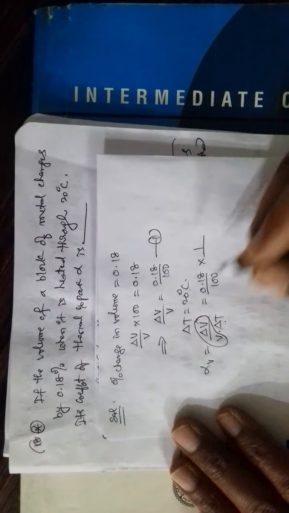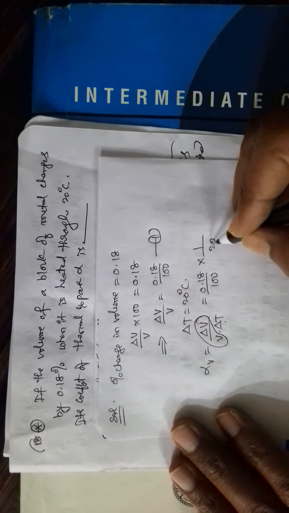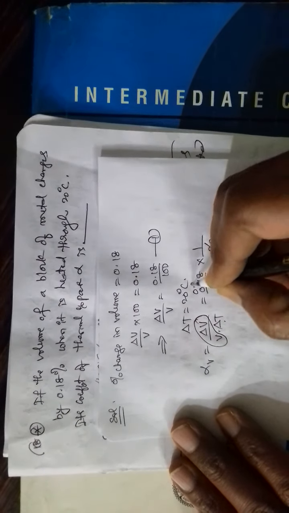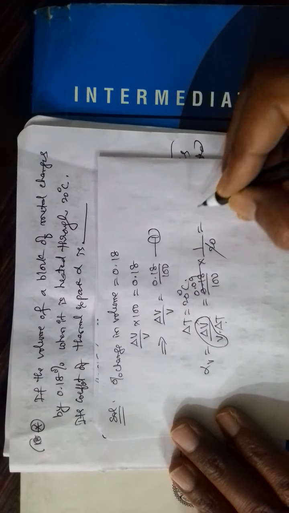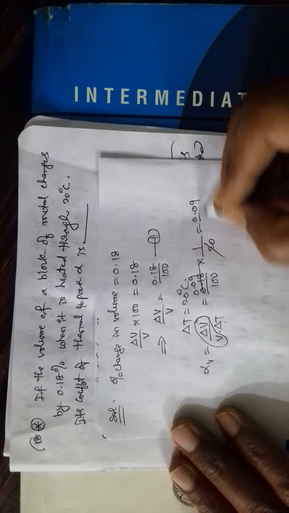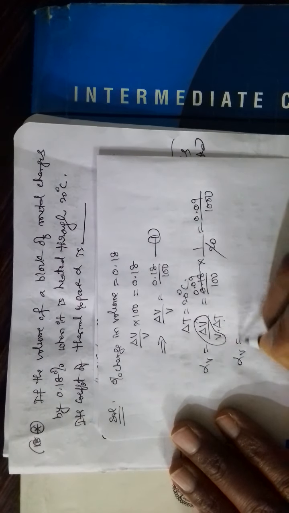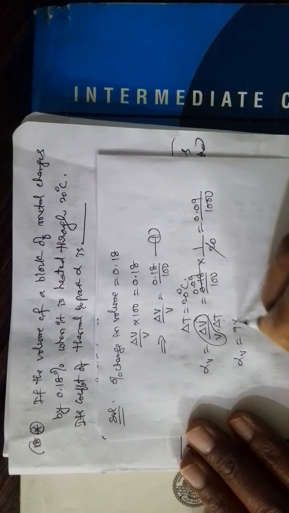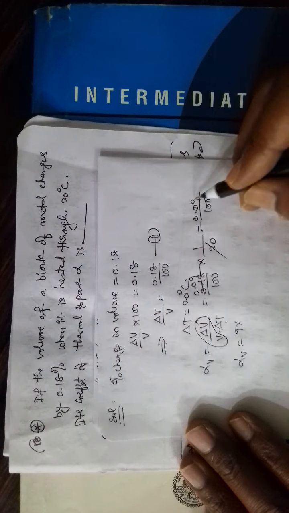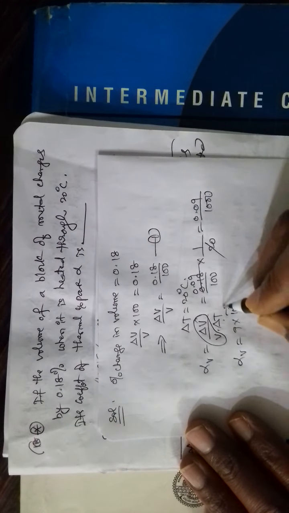Change in temperature 20. So we get 0.09 by 1000, or alpha V is equal to 9 into 10 power minus 5.